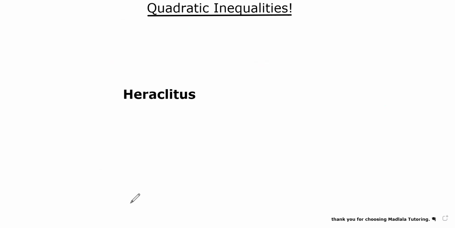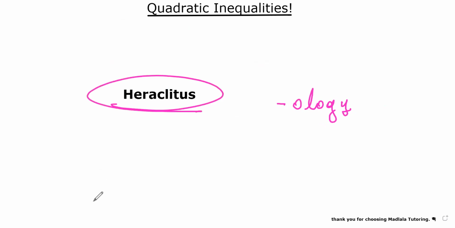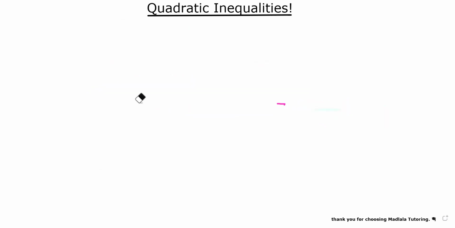Psychology. So as a result, every branch of science has an ology. It ends with an ology, which means the reason why something is behaving as it does. So Heraclitus, he didn't accept the things that he was told. He wanted to find the reason why.